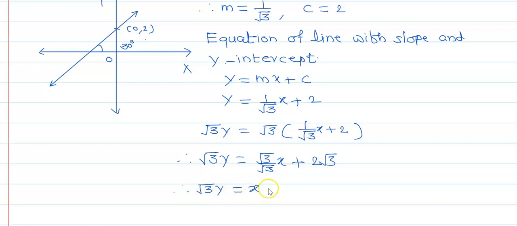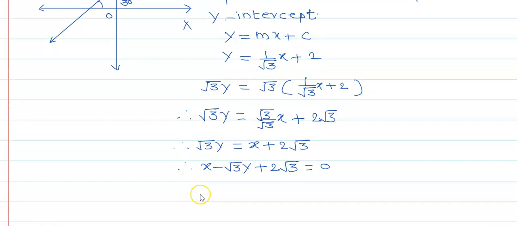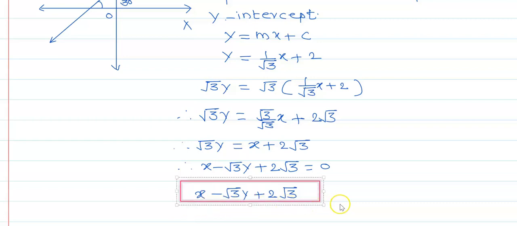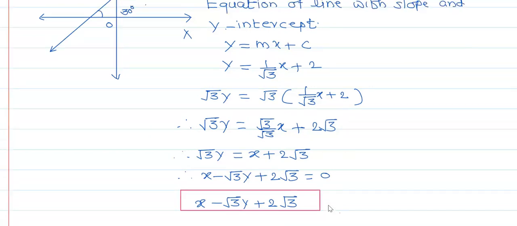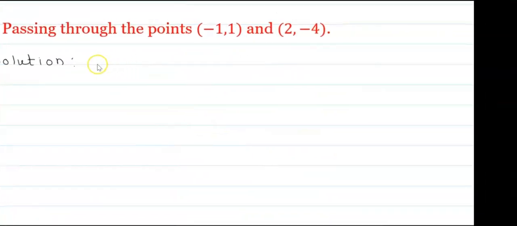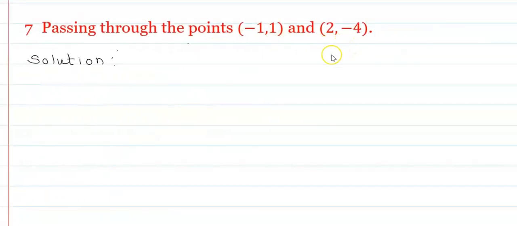So root 3 y equals x plus 2 root 3, and therefore x minus root 3 y plus 2 root 3 equals 0, and this is the required equation.